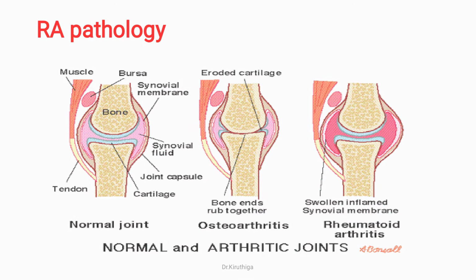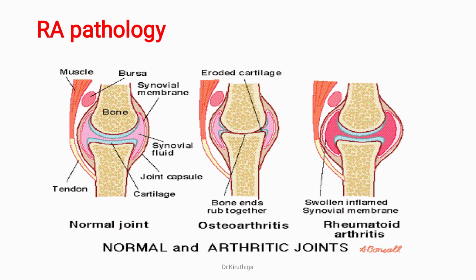There is a linear arrangement of cells in the synovium, and there is always some cavity or empty space in the synovium which secretes a fluid called synovial fluid. This synovial fluid is capable of nourishing the joints. So the synovium is present in all the articular surfaces. Around all the joints we have synovium, and the outer covering of the joint is called the joint capsule.